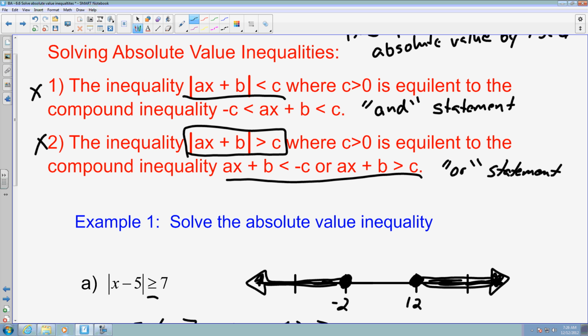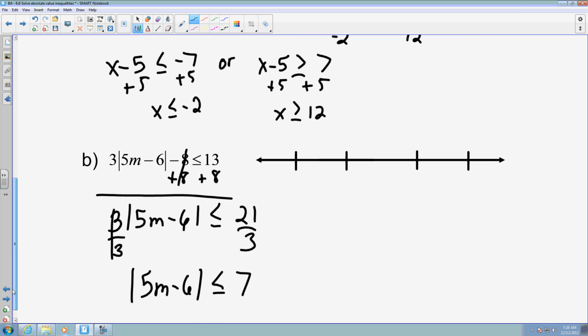So B will be an AND statement, which means now I can rewrite this equation like this, where negative C is less than AX plus B, which is less than C. So let's move down.